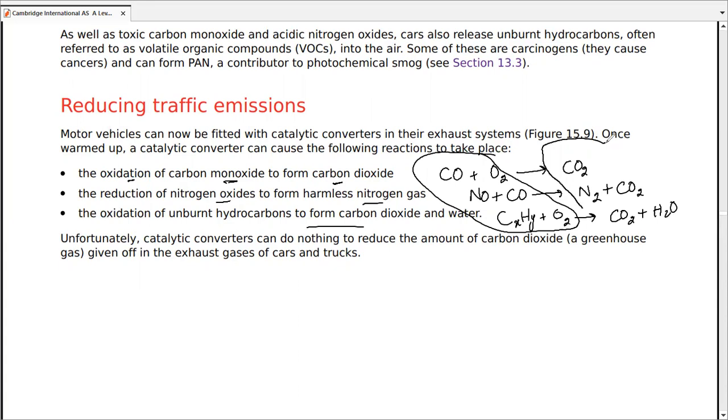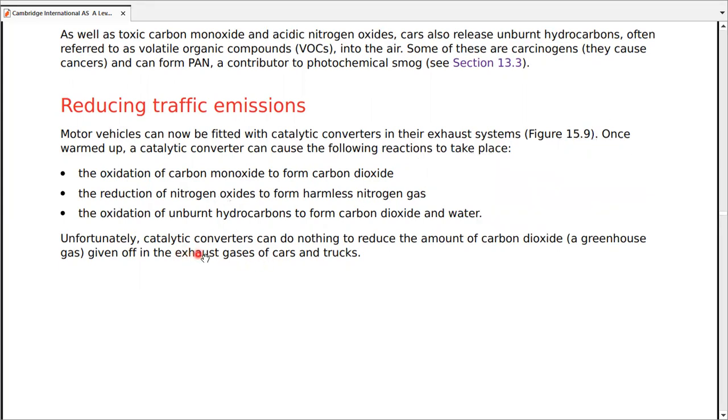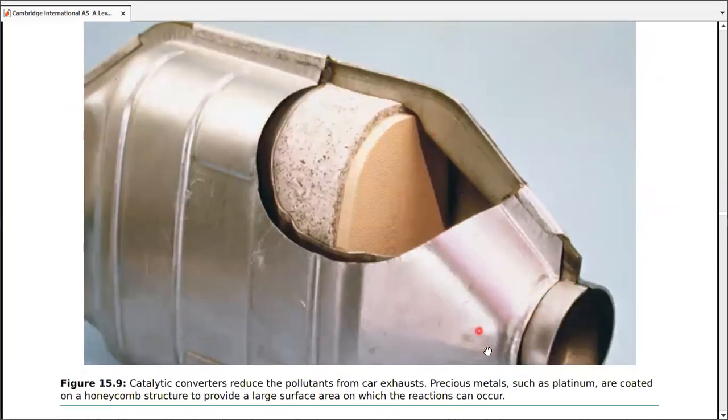But on your right, you'll find the gases which are usually already a part of the atmosphere. They still might be problematic gases, but less problematic ones. Unfortunately, catalytic converters can do nothing to reduce the amount of carbon dioxide or greenhouse gas given off in the exhaust of cars or trucks. I hope you get the point.